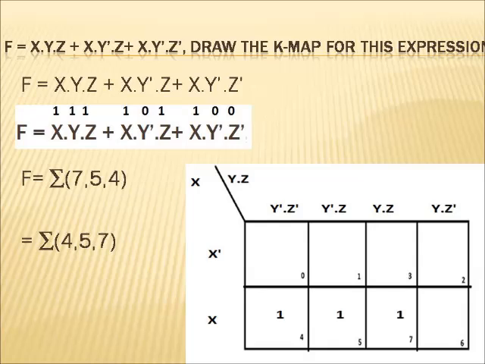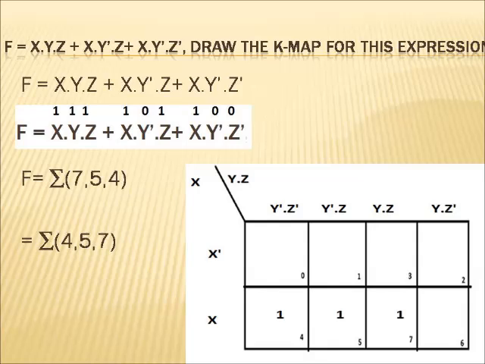I am writing the expression in ascending form, using the sigma symbol, which is the summation symbol for representing the sum of products. So f = sigma 4, 5, 7.